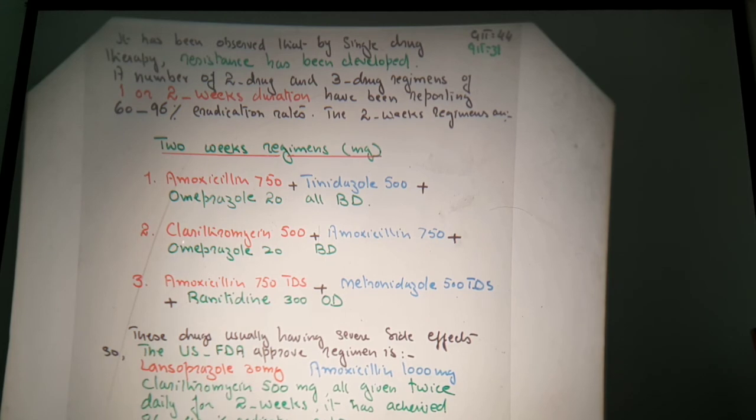Second is clarithromycin, in combination with amoxicillin and omeprazole. Then amoxicillin, metronidazole, and pantoprazole is a third combination. These drugs can be used for two weeks for the eradication of Helicobacter pylori in the stomach.